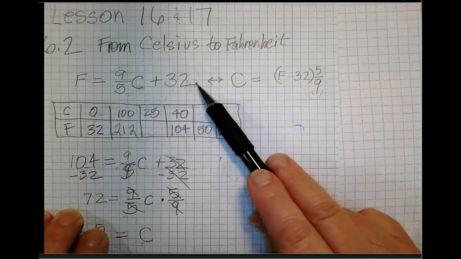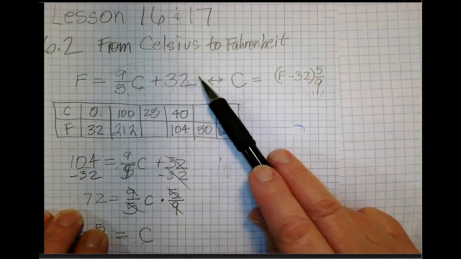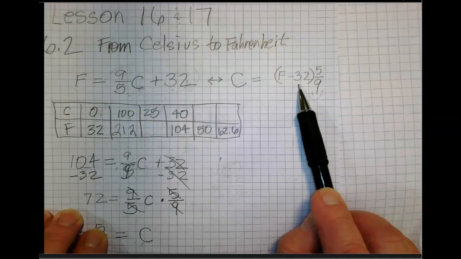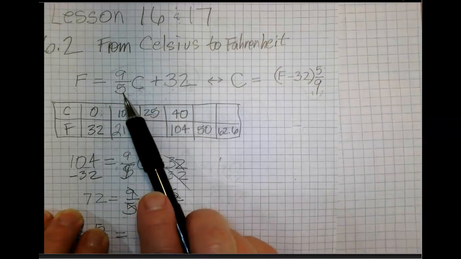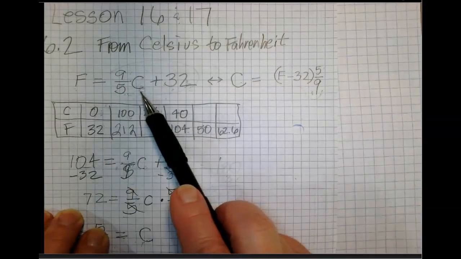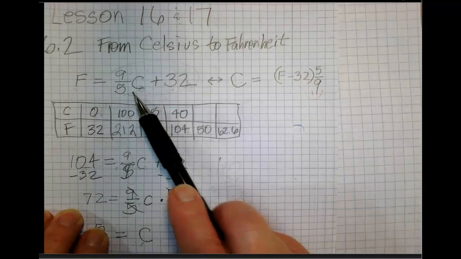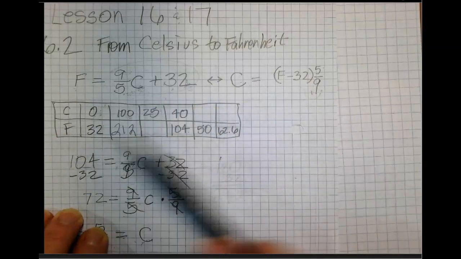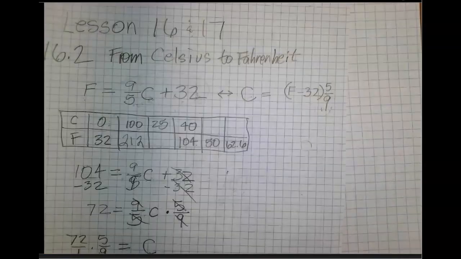On this equation we're adding 32. In this equation we're subtracting 32. So inverses undo one equation in order to get another. That's it. It's not more difficult than that.